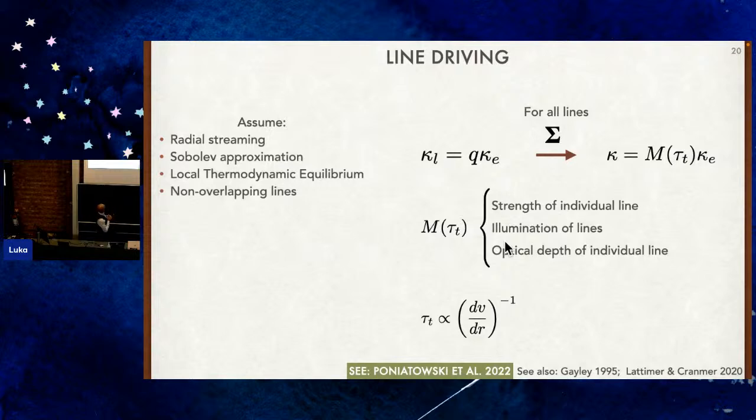That we often call the Sobolev approximation. And that within those regions where the interaction can happen, no two lines overlap. So there are no two lines within those regions.